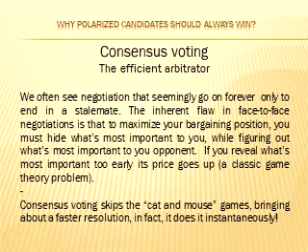Consensus voting skips the cat and mouse games, bringing about a faster resolution. In fact, it does it instantaneously. Just look at how the Build Back Better bill negotiations dragged on with no solution. Manchin and Sinema did such a good job of hiding what they really wanted that all of us are still in the dark.